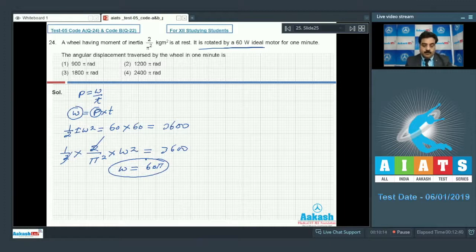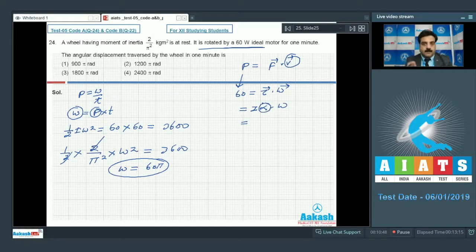And next, you know the power is given by force into velocity in work, energy and power. But this time I am going to use torque instead of general force. So I will write here torque, and I can replace linear velocity by angular velocity. So you know tau is equal to I alpha, into omega. Alpha is angular acceleration.